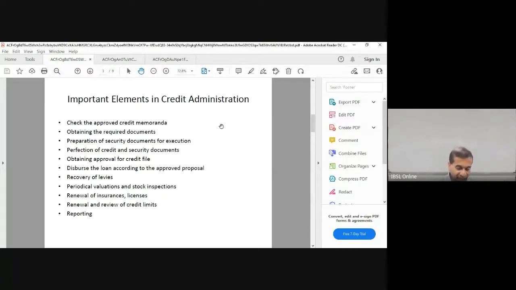Because one day, if the loan defaults, it will probably be transferred to the recoveries department. The recoveries department will take the documentation from the credit administration people. So if there is no order in the credit file, it is not the recovery department, it is the credit administration department that is responsible.